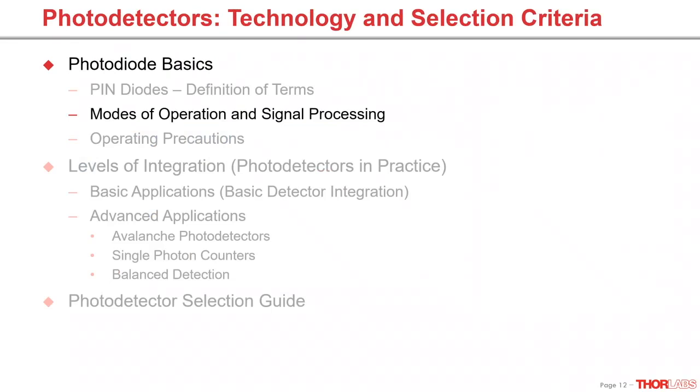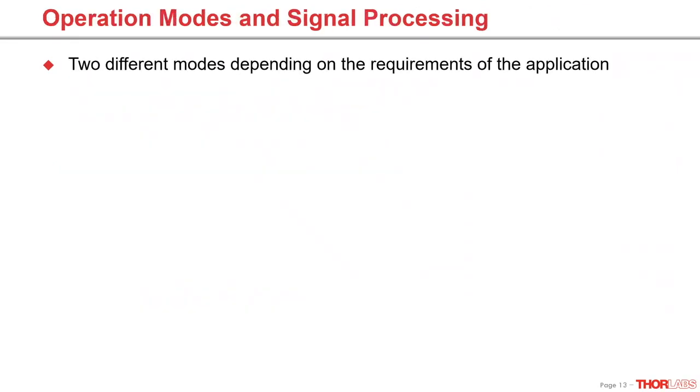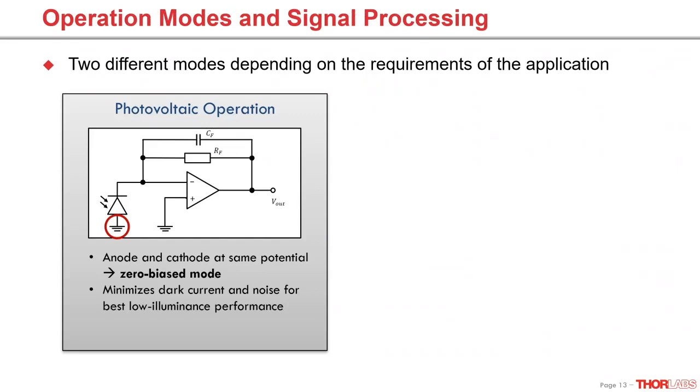Now that we know the basics about the photodiode itself, we want to use it in an electrical circuit to measure the magnitude of the photocurrent. There are two ways to operate a photodiode. The photovoltaic mode means a forward operation against the load resistance in the nonlinear range of the photodiode, like the operation of a solar cell. In our case here, where linearity is desirable or even mandatory, the better expression is zero biased mode.